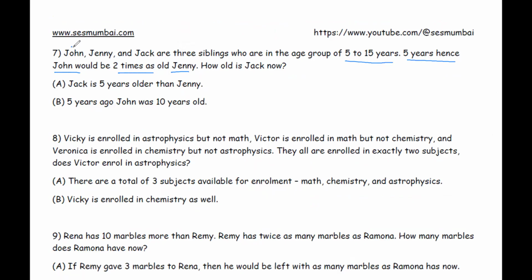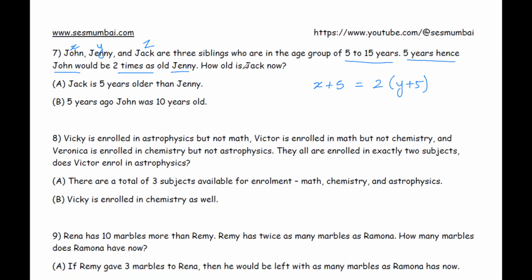So let's say John is X, Jenny is Y, and Jack is Z. So 5 years hence, X plus 5, John would be 2 times as old as Jenny. After 5 years, Jenny would be Y plus 5, and it'll be 2 times Y plus 5. So this is your equation.